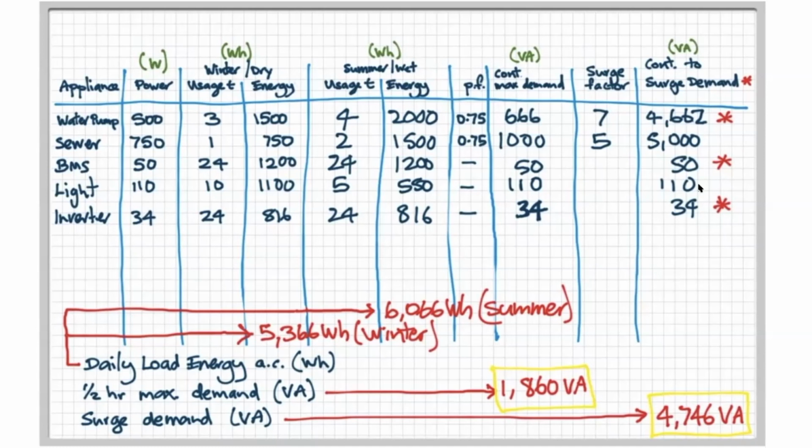But that would mean I'd probably have to double the size of my inverter. And the economics might not make sense when I know from practice of this design that the sewer pump and the water pump are mutually exclusive. They don't run at the same time. One runs at night and one runs at day, and they're controlled by the building management system, so they can never run at the same time. So that's why it's not considered as a combination.